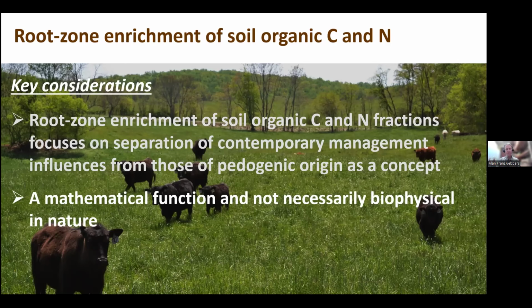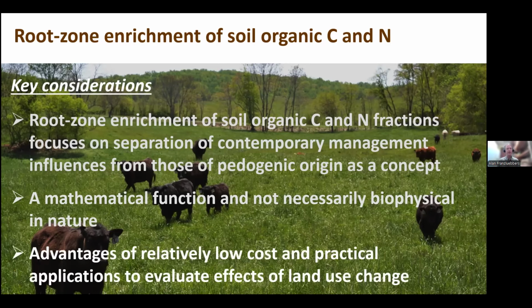Whenever we disturb the soil with inversion of soil and tillage, we can create abnormalities in that depth distribution. But if we stabilize it a little bit over a couple of years after this conversion of, say, moldboard plowing, we can actually still fit these functions to it. And there's advantages of relatively low cost and practical applications to evaluate effects of land use change.